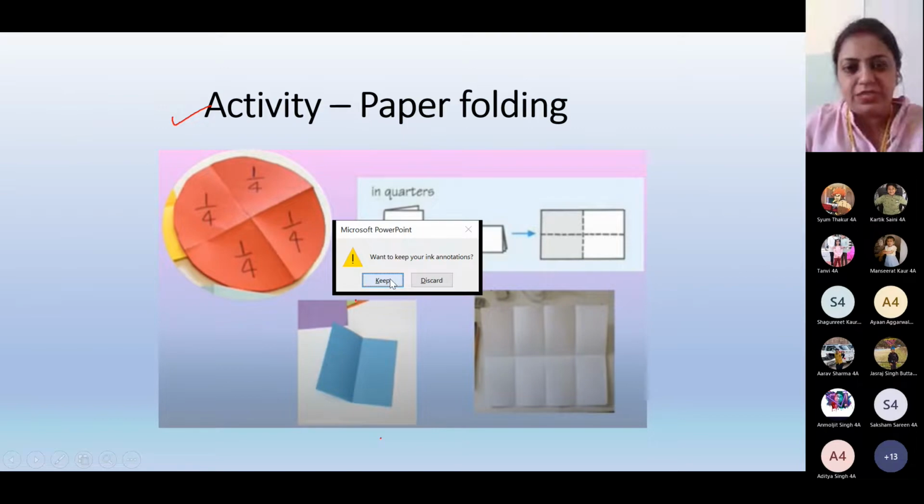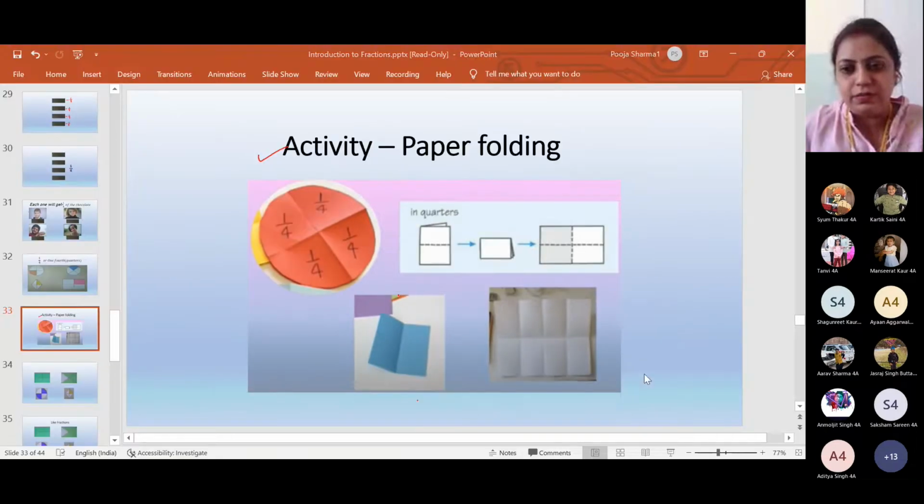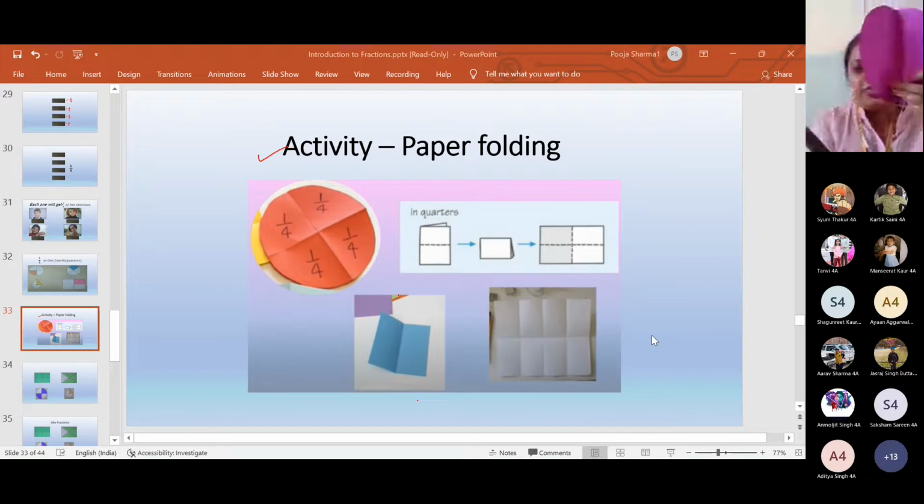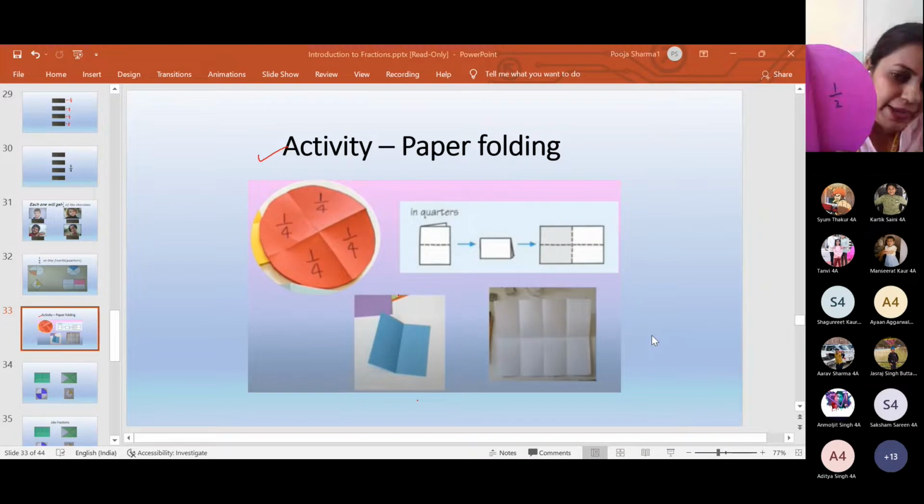So now this paper is divided into two equal halves. This is 1/2 part and the second one is also 1/2. Why 1/2? Because we have folded it into equal parts.